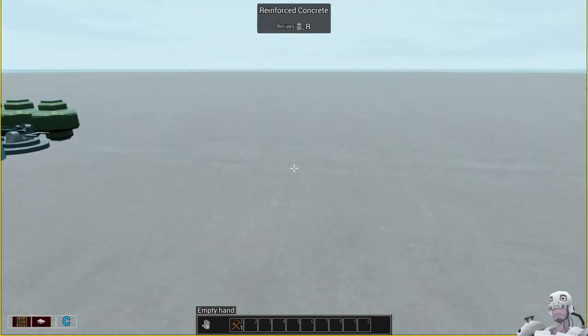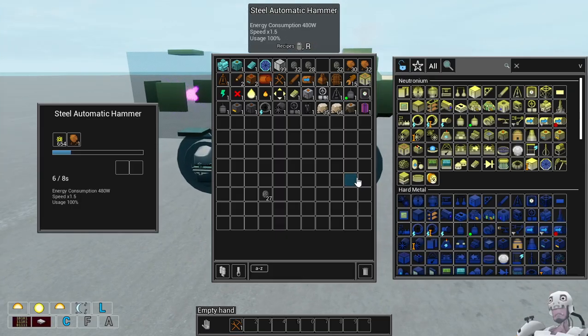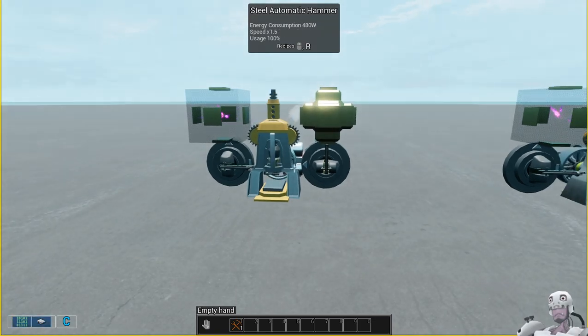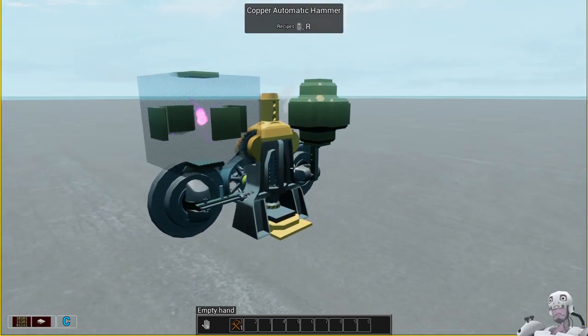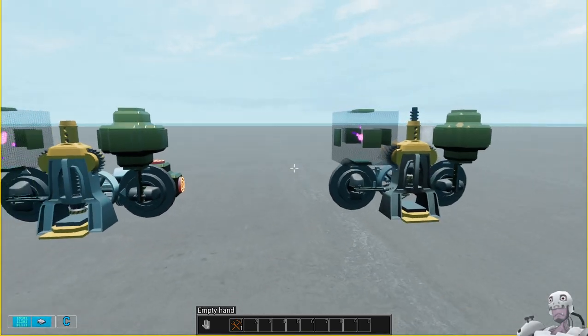The next here is the steel one, like here. However, this is going to cost you 480 watts of power, so two times the amount of energy the previous one required, and the speed is just 1.5, so 8 seconds. So this consumes double the amount of energy, but is only a little bit faster.